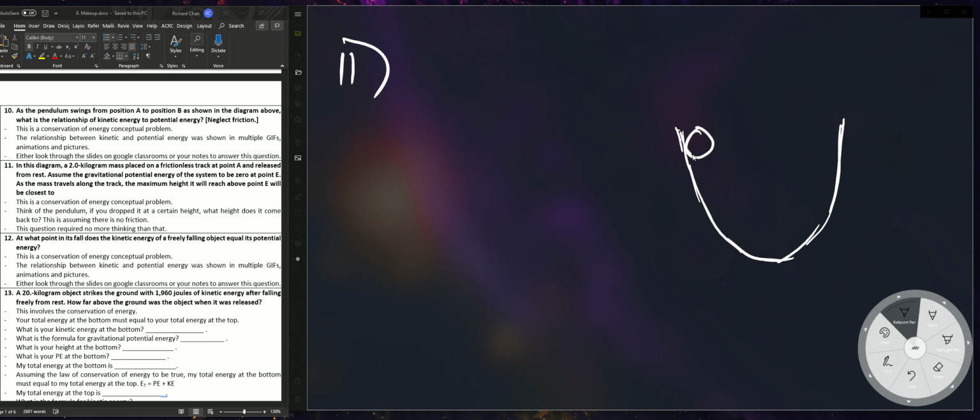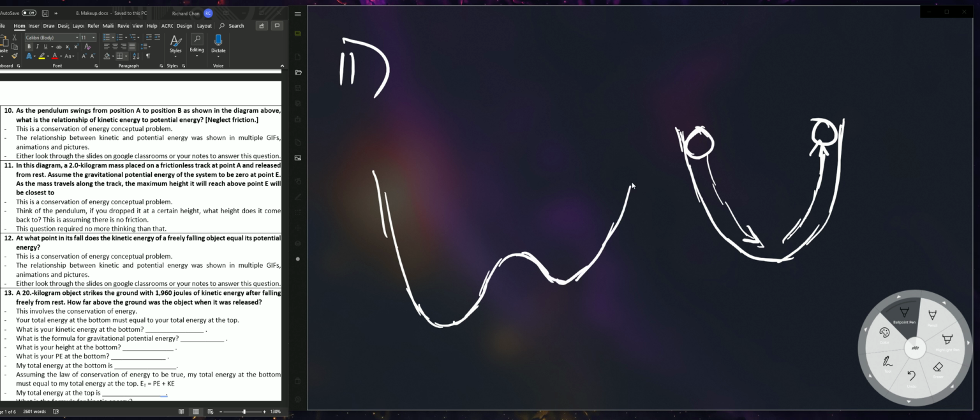If you just put your ball here and you release it, the ball is just going to come back up to the same exact height because there is no friction in this problem.